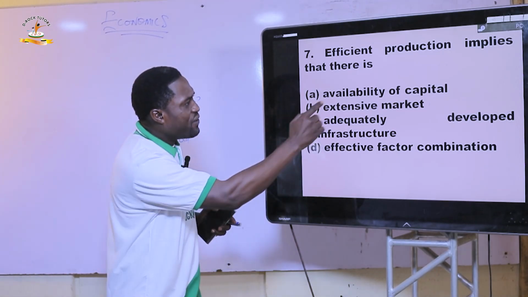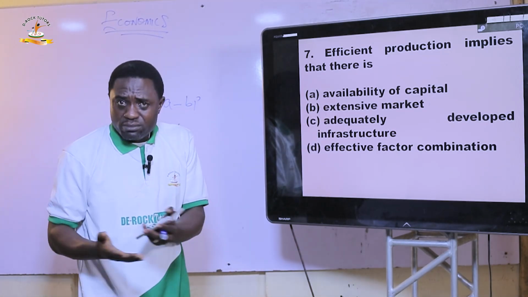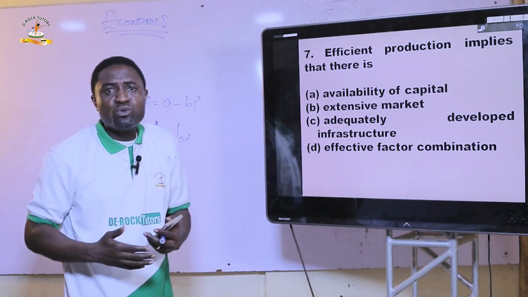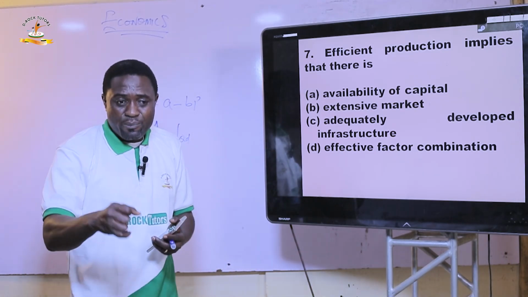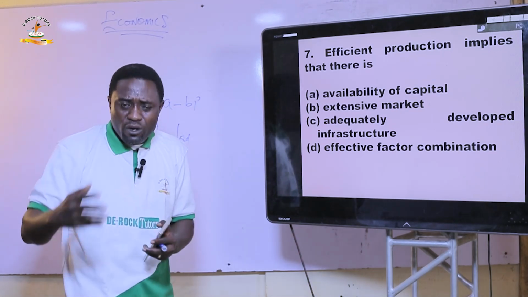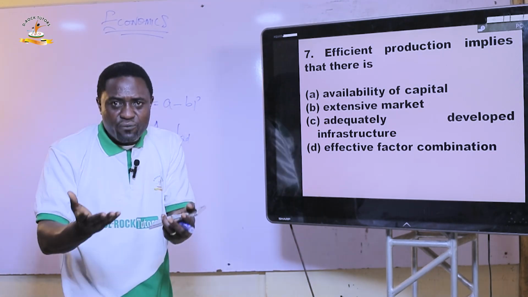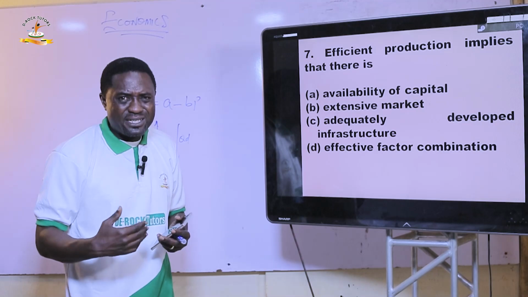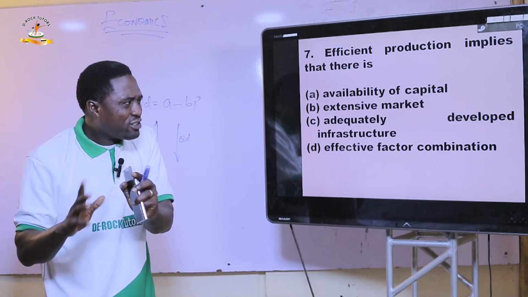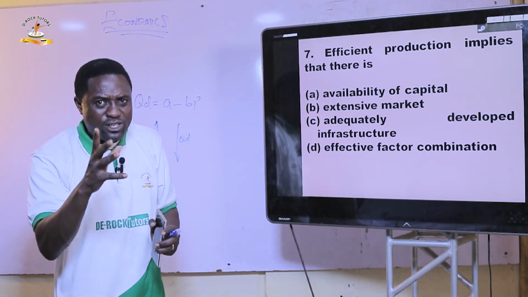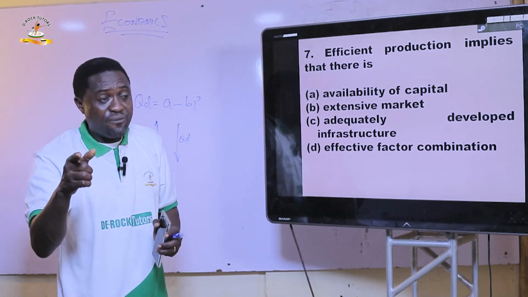Now, availability of capital. Capital is good, but we've seen people who have more than enough capital, and at the end of the day, the production is not efficient, probably because those handling it are not skilled enough. So that cannot be the major factor that makes production efficient.